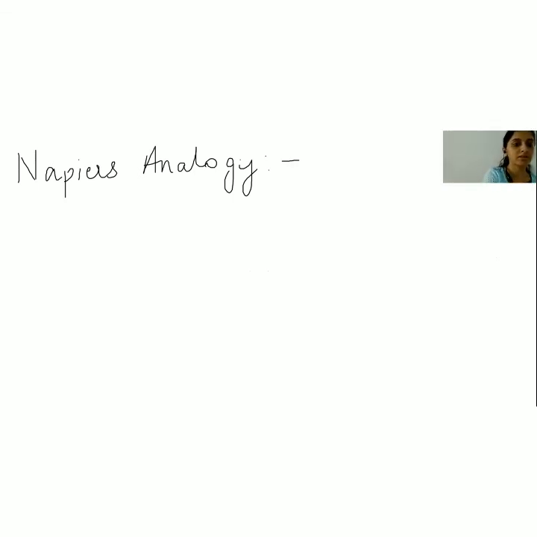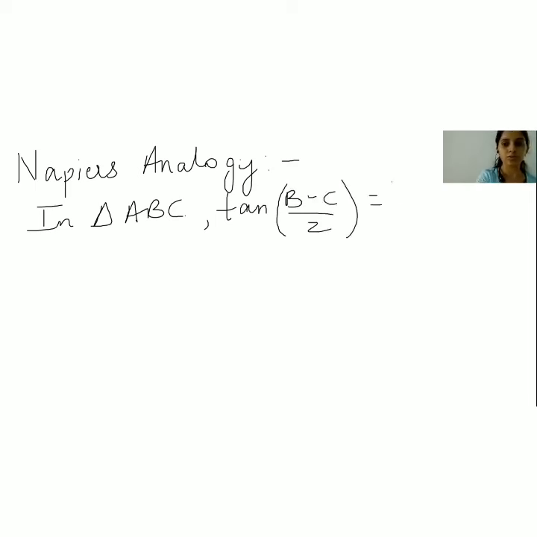In triangle ABC, tan of (B minus C) upon 2 is equal to (B minus C) upon (B plus C) cot of A upon 2. This is Napier's analogy, which can be written for the remaining angles also.